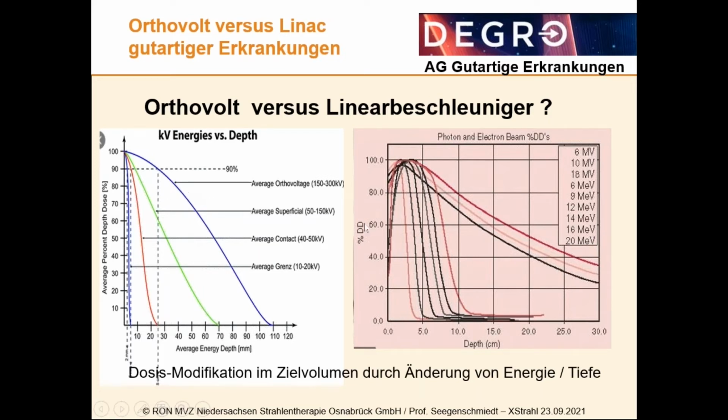So usually the compensation is possible with adding additional bolus material of 5 to 10 millimeters to shape the penetration depth in electrons, while in orthovoltage only the energy can be raised to get deeper penetration.